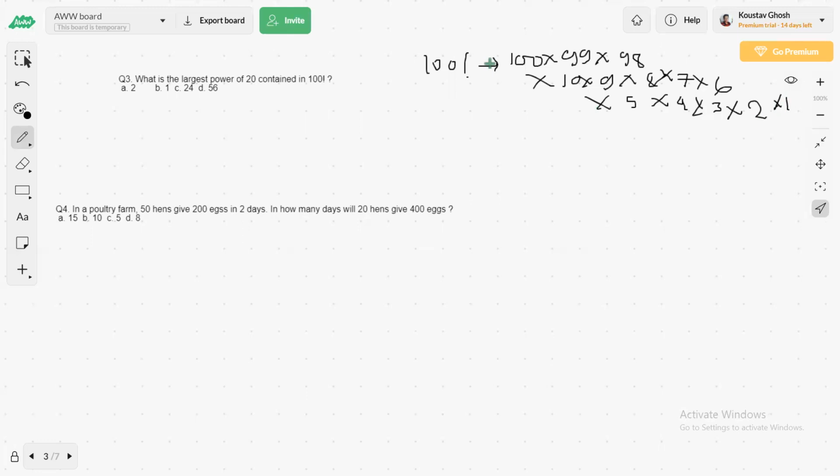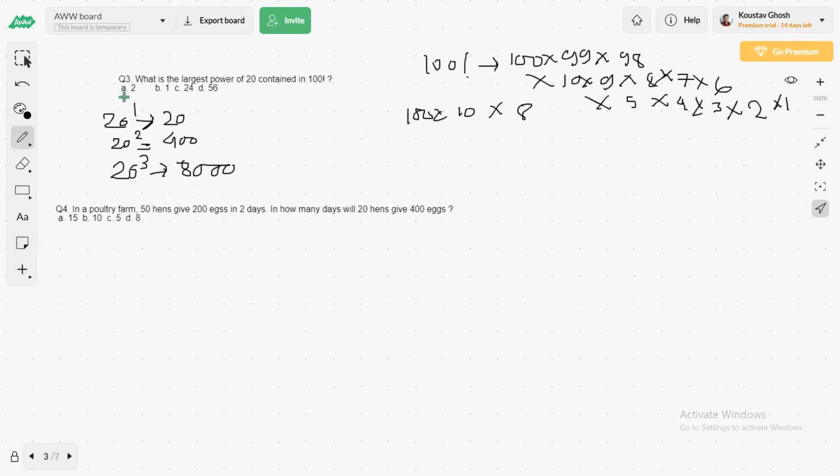Now suppose 20 to the power 1 is 20, 20 to the power 2 is 400, and 20 to the power 3 is 8000. 8000 can be made from this: 100 into 10 into 8 is 8000.